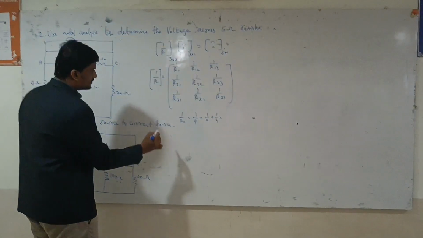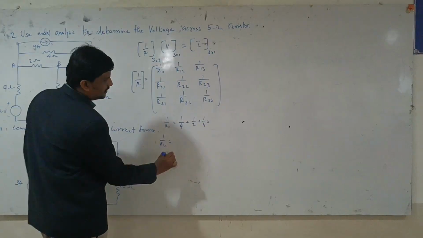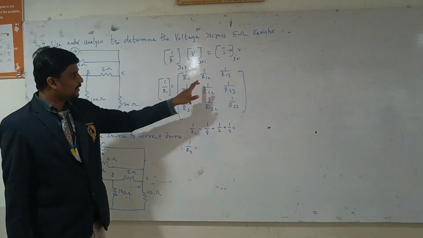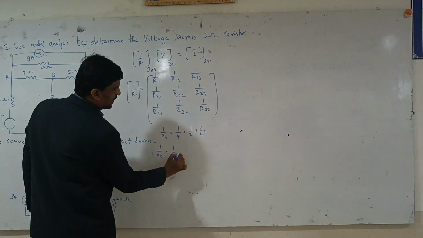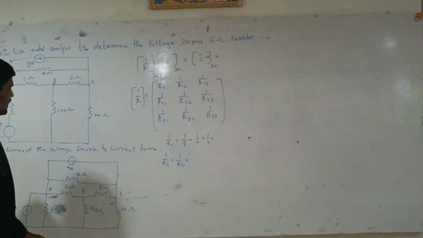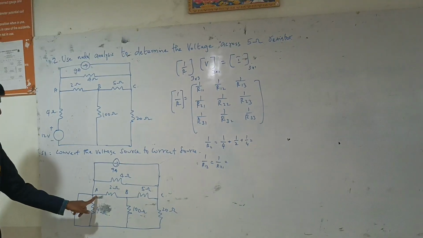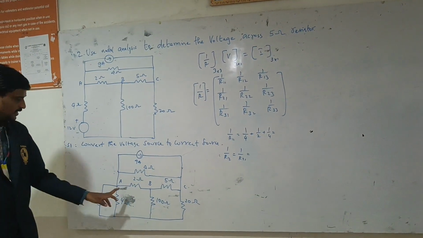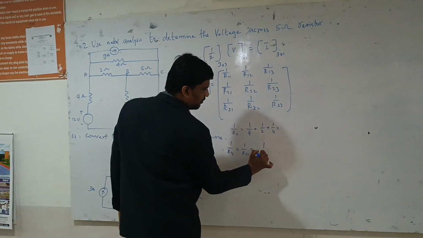And next R12. So 1 by R12, this value will be equal to 1 by R21, which is equal to the sum of reciprocal of the resistance connected between node 1 and 2. Here between node 1 and 2 we have this 2 ohm resistor. Therefore it is 1 by 2.